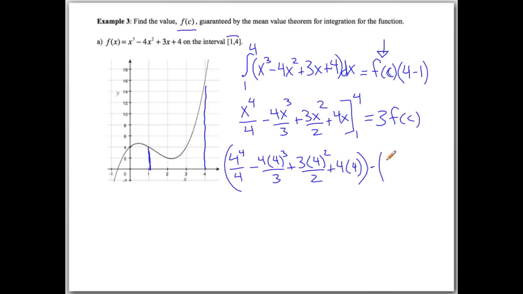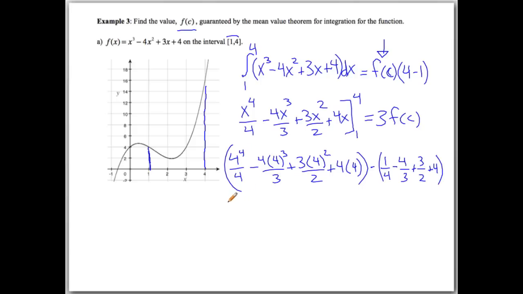And with this one we can actually evaluate it. So 1 to the 4th is just going to be 1. Here 1 cubed is just 1. Here x squared is just 1. And then here 4 times 1 is just 4. Okay, so this is our definite integral.